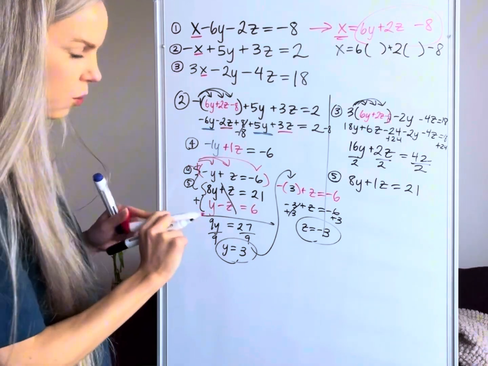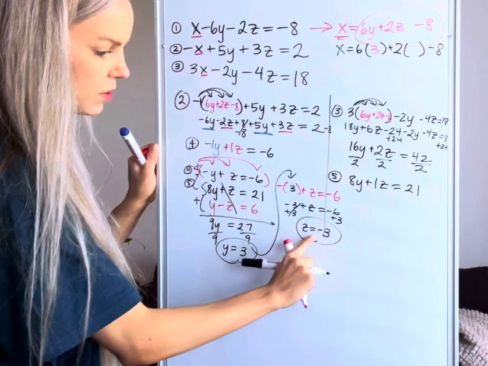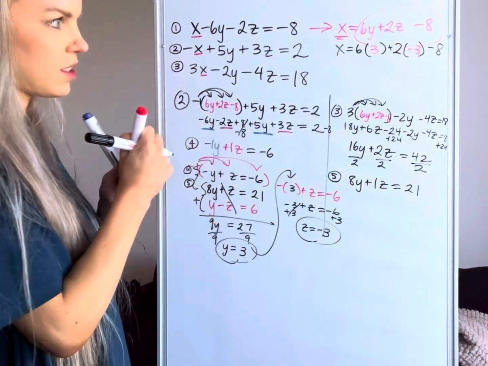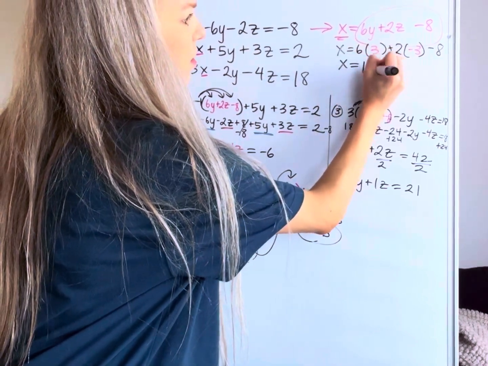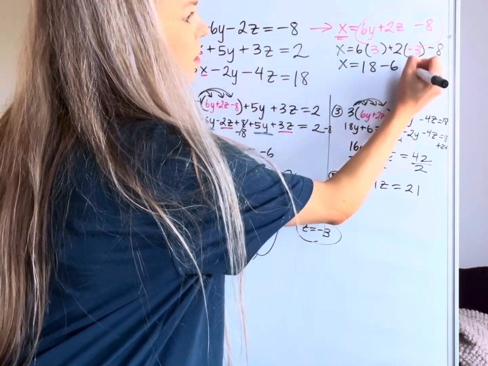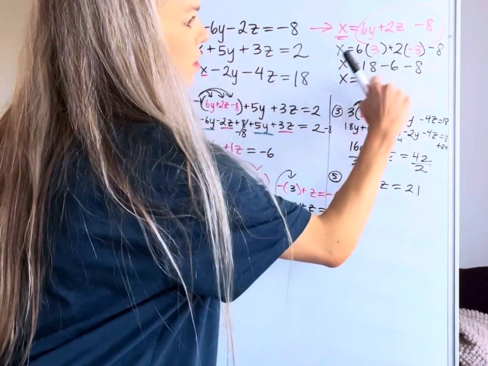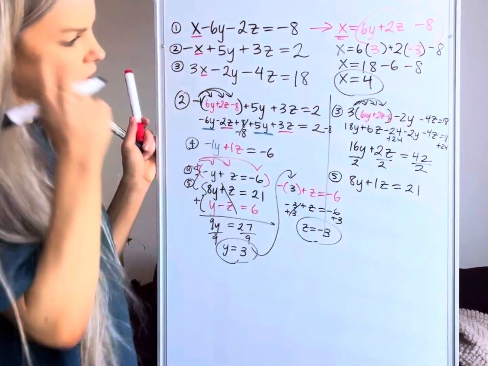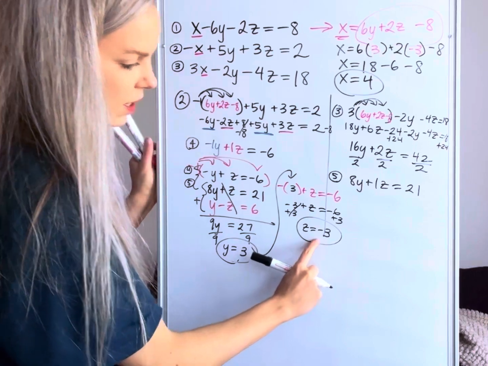I know y is 3 and I know z is negative 3. So we just simplify this. We get 18 minus 6 minus 8, which gives us 10 minus 6, which is 4. And so our x value is 4, our y value is 3, our z value is negative 3.